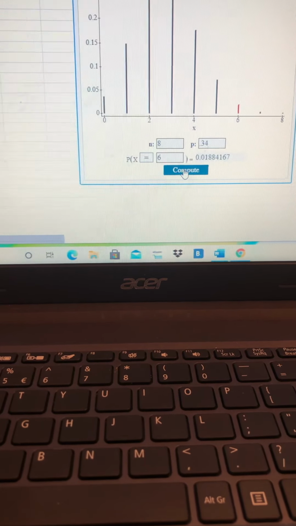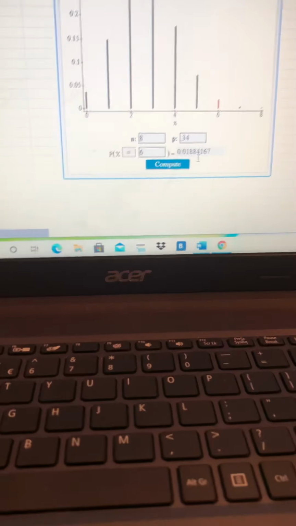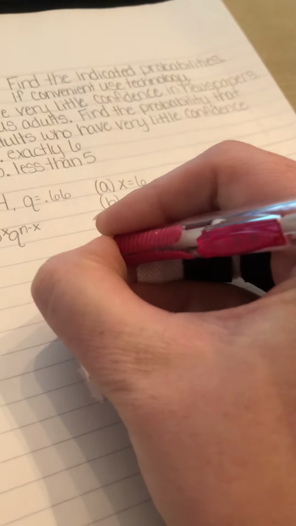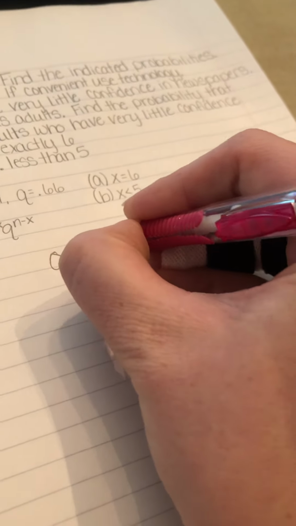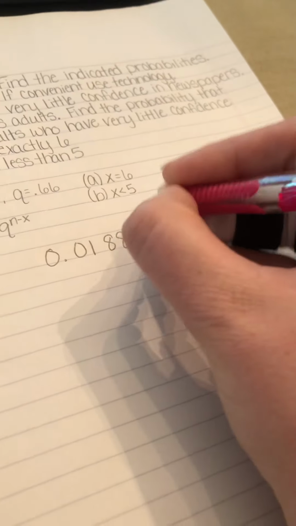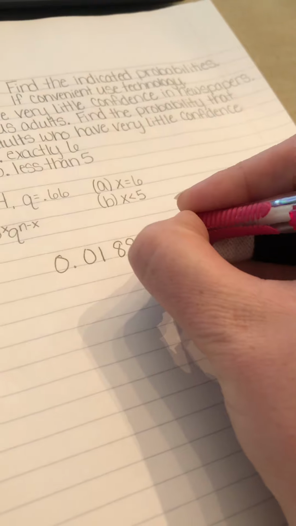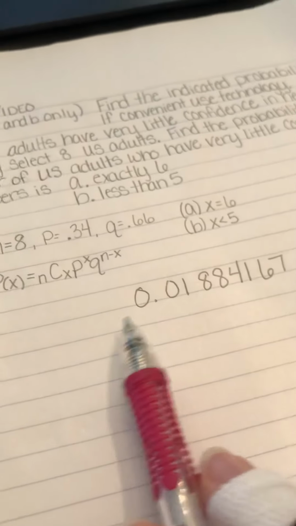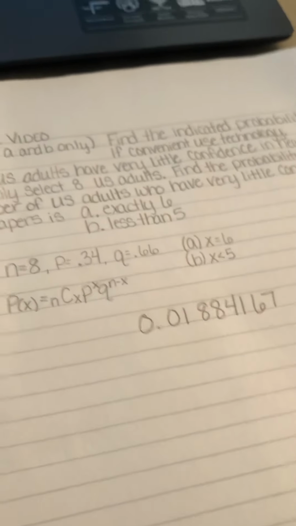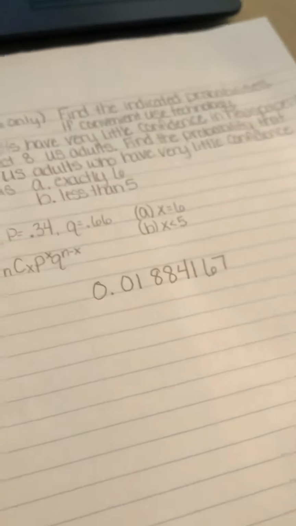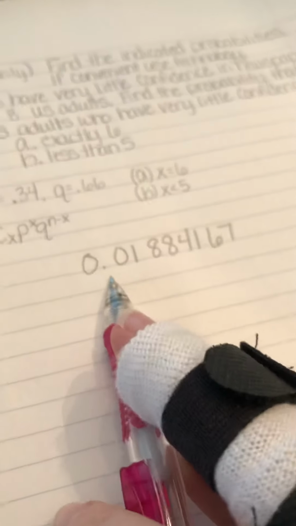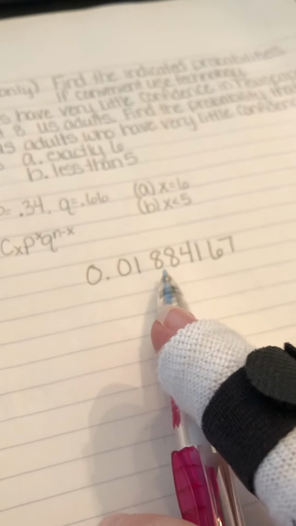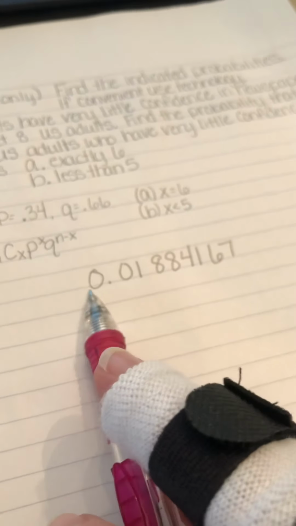We're going to compute this, and it gives me 0.01884167. Usually it wants you to round it to either the hundredth or the thousandth. I'm not really sure, but we could say it's 0.0188 or 0.019.